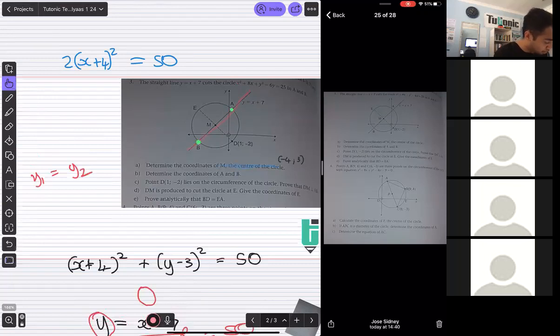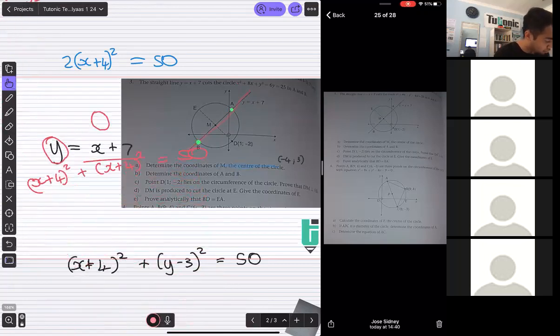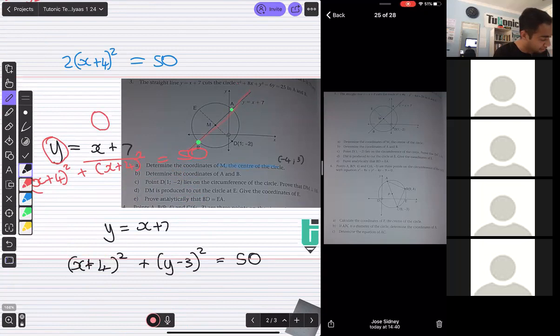And because the y's are the same, we can equate, because we know that the equation of the straight line is y equals x plus 7. At A and B, this y is equal to this y, so we can sub in x plus 7 into here.